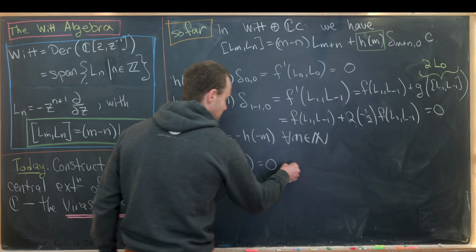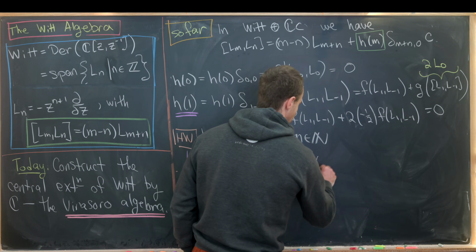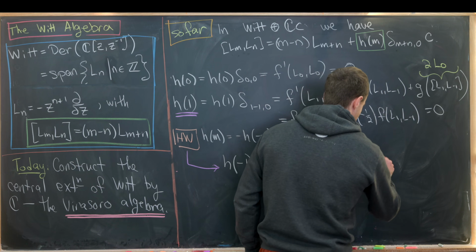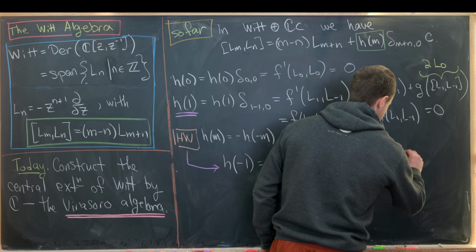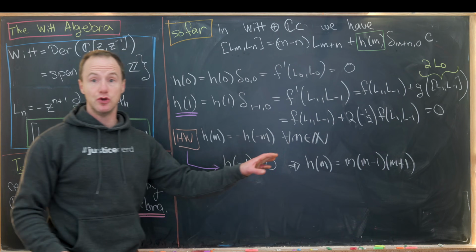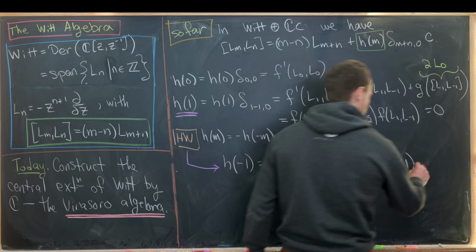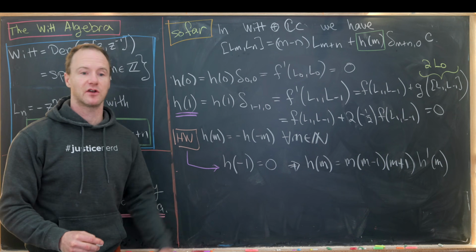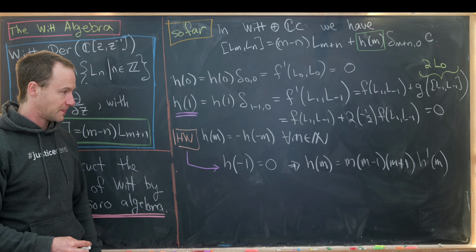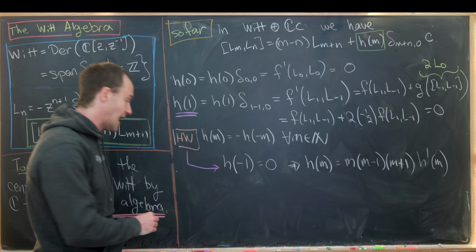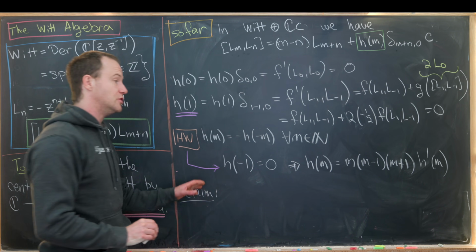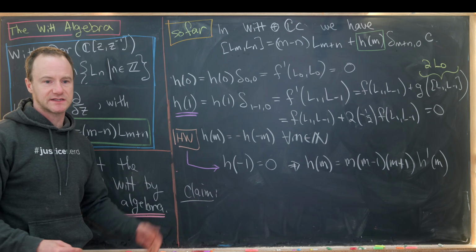So that tells us that we should be able to write h of m as m times m minus 1 times m plus 1 times a new function. Maybe we could call that function h prime of m. Now we have to determine that new function. In fact, the claim that we will make and then prove is that new function is really just a constant function.